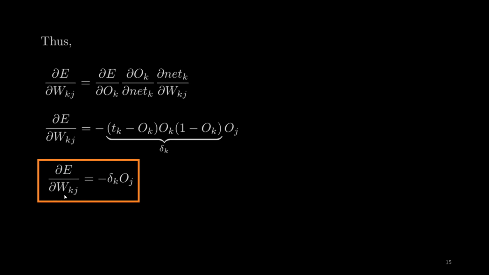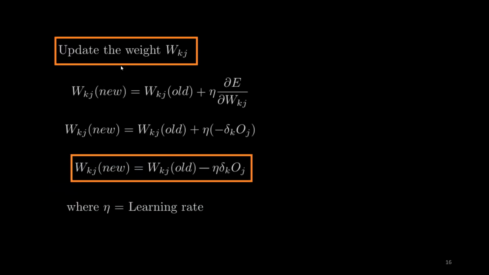Now we have to use this value in order to update the wkj. So here is the updation of wkj. So how to update wkj? The updated value of wkj will be called wkj new. That will be the old value. So in order to update the old value, we have to add this term, that is the gradient of error. And we have to associate a learning rate.